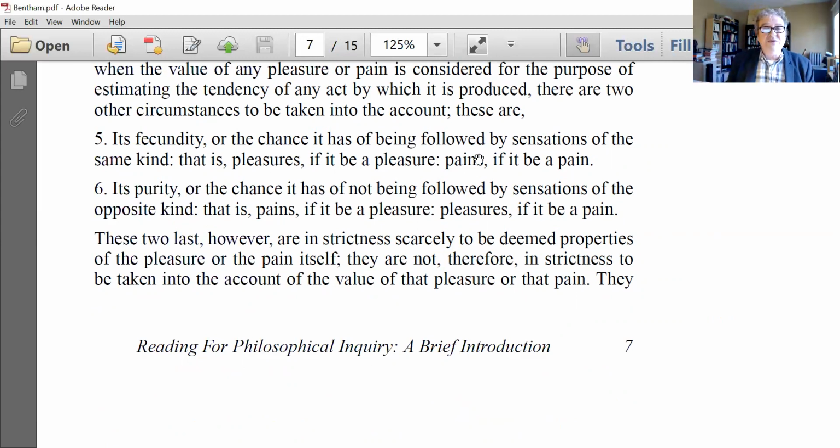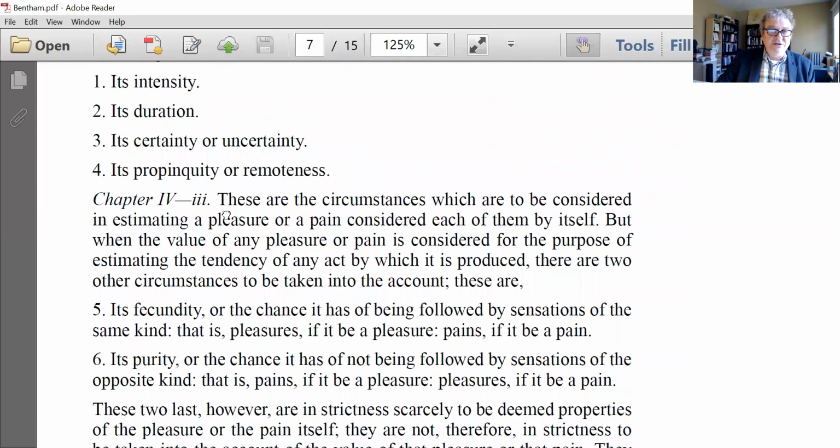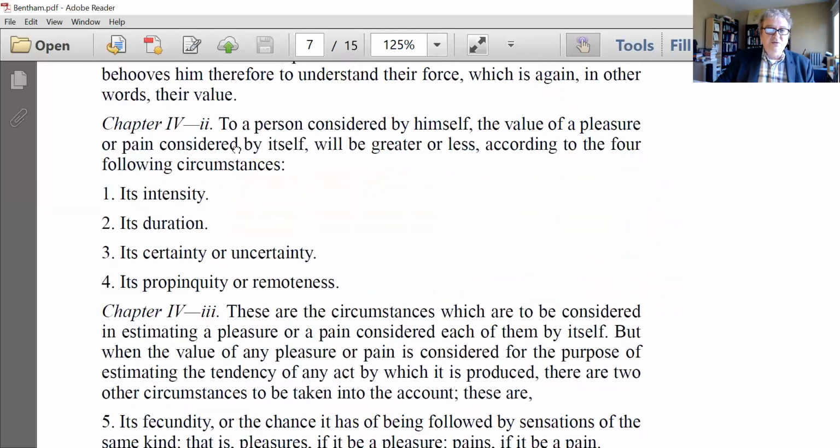And then he goes on to say its fecundity, the chance it has of being followed by other sensations. So we're going to tend to do those things that not only make us feel good, but things that might lead to other things that would make us feel good. And the purity, or the chance of not being followed by sensations of the opposite kind, like pain. So these are all considerations of how we value utility.